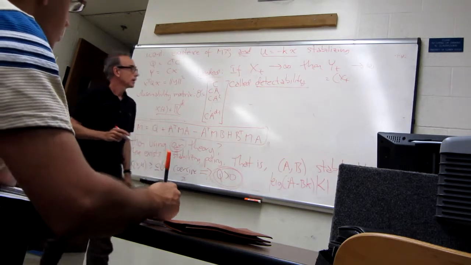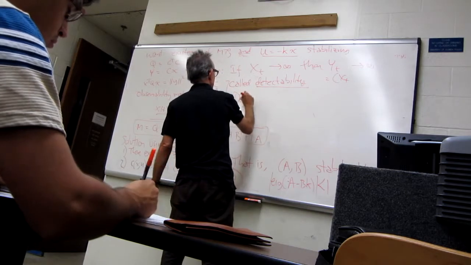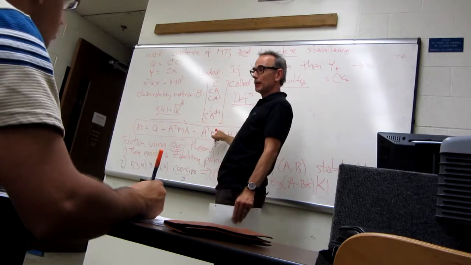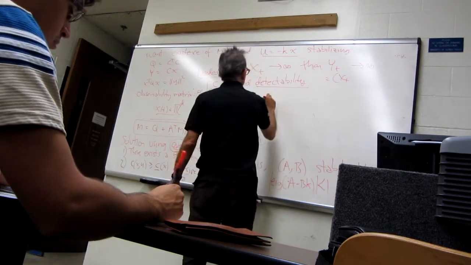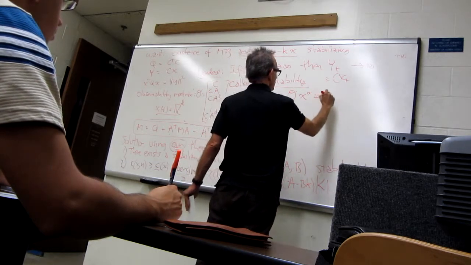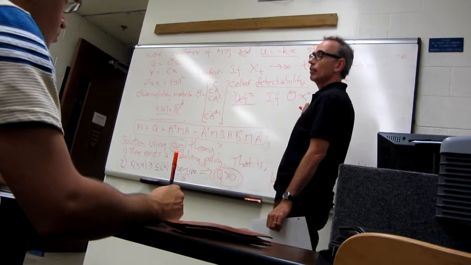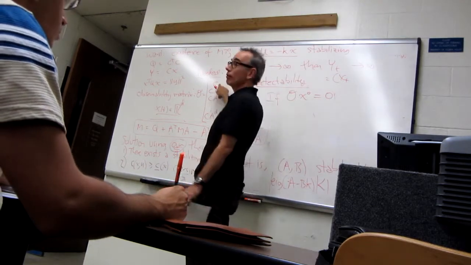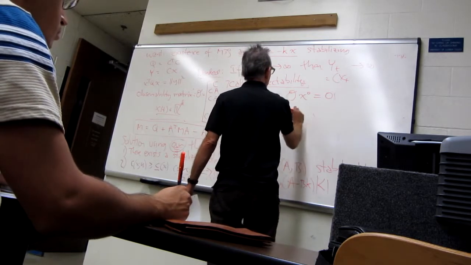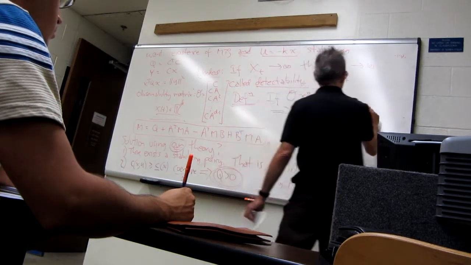And detectability means that if you have a vector which is in the null space of this observability matrix, if O times some state is equal to 0, that means C times X is a 0 vector, CAX is a 0 vector, and so forth. That implies that A to the T x0 goes to 0 as T goes to infinity.